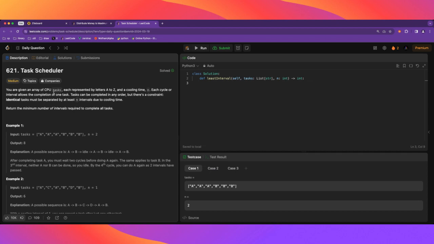Each cycle or interval allows the completion of one task. Tasks can be completed in any order, but there's a constraint. Identical tasks must be separated by at least n intervals due to cooling time. Return the minimum number of intervals required to complete all tasks.